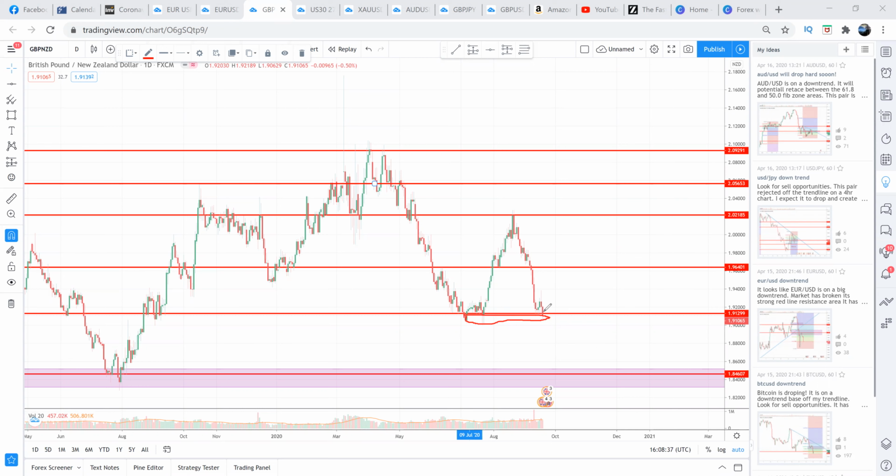Therefore, I'll be cautious to continue sales. Also, if I'm in sales, it'll be short term because we're at this area of demand. Unless it breaks the demand zone, then I'll definitely look for sales all over here. This is all my sales in this zone.